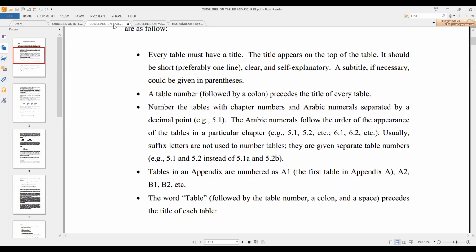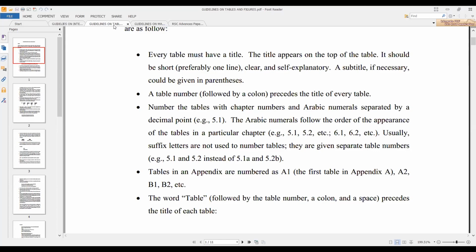Number the tables with the chapter numbers, if you are writing a book chapter or some section, and if you are representing figures in that section, then you can use 5.1, 5.2, 6.2, etc. Usually we don't use suffix letters in the tables, we avoid using suffix letters like 5.1a or b or something like that.